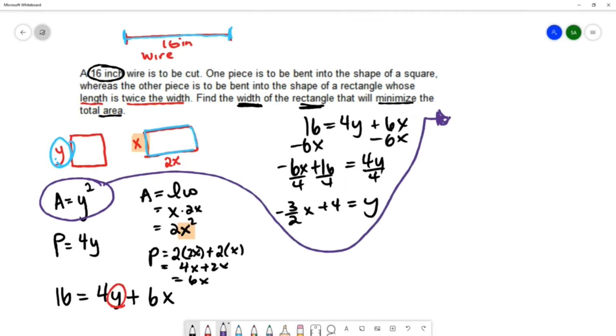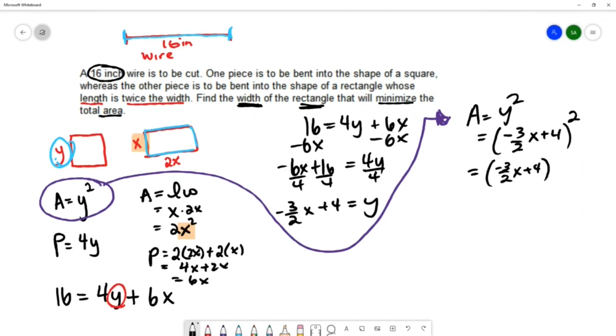So this area function, area equals y squared, can now be written as (negative 3 over 2 x plus 4) squared. And let's simplify this. This is (negative 3 over 2 x plus 4) times (negative 3 over 2 x plus 4).